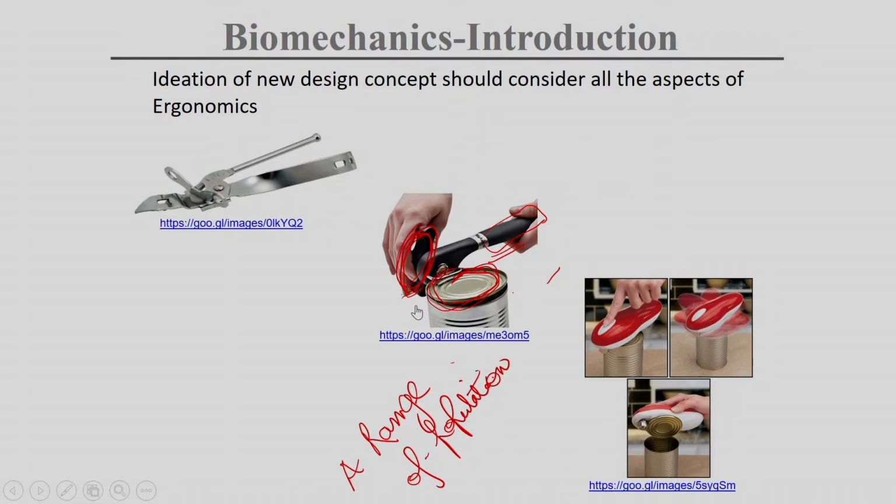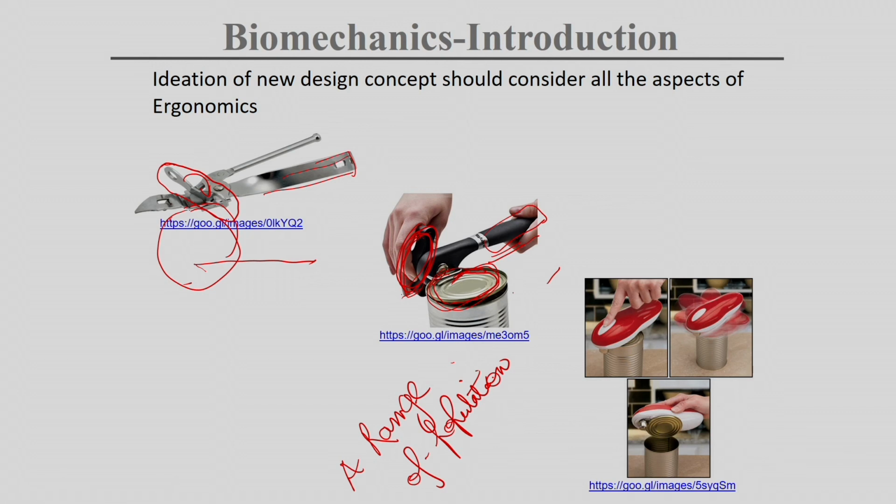Now, if you see this can opener, that is the earlier one, a classic can opener which is made of steel. It is almost the same thing; here a wing nut is there, and you just have to rotate this thing, and then the can will get opened. But compared to the other product, it is steel made and the dimension is very flat, so it is not actually compatible with holding.